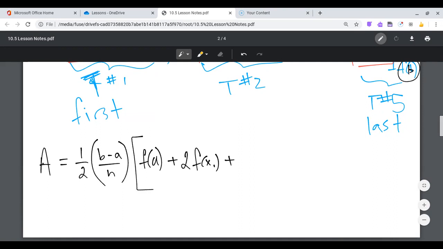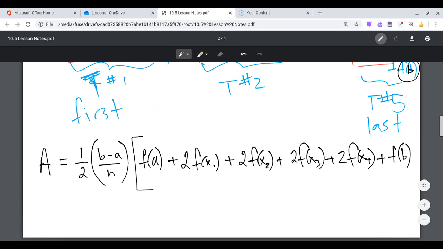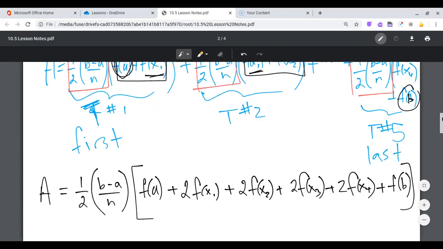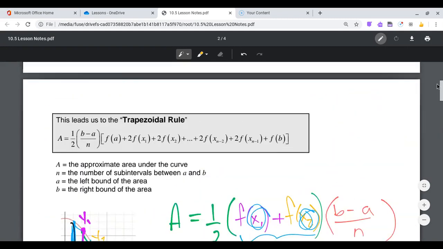And then trapezoid 2 and trapezoid 3 use f of x2. So I have 2 of those. Plus, I would have 2 of the x3, plus I would have 2 of the x4, all the way till I get to the very last boundary, which would be at b, and there's only 1 of those. So that's where this really complex formula is coming from.